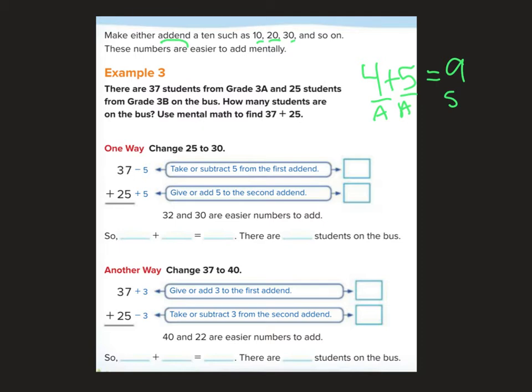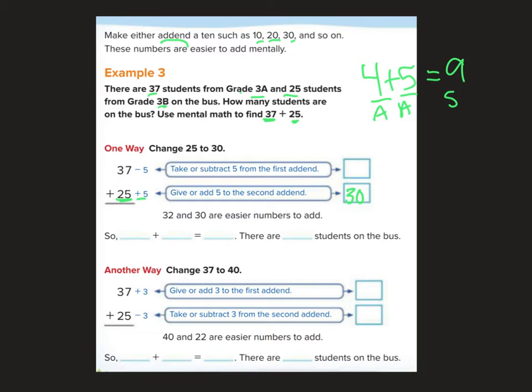For example, 3. There are 37 students from grade 3A and 25 students from grade 3B. How many students are on the bus? Use mental math to find 37 plus 25. I know that if I take 25 and add 5 to it, I can get 30, and that's an easier number to work with than 25.